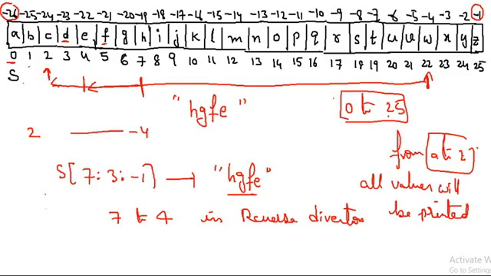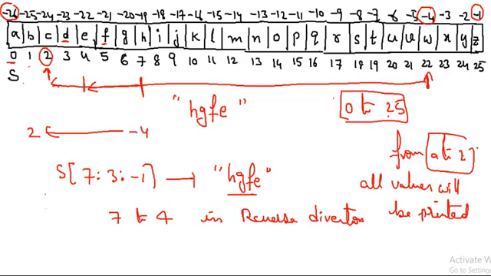You have to travel in reverse direction, so definitely there is a possibility to travel from minus 4 to 2.